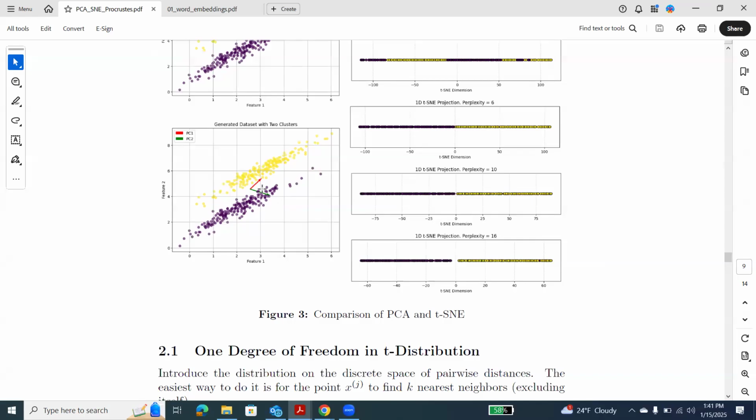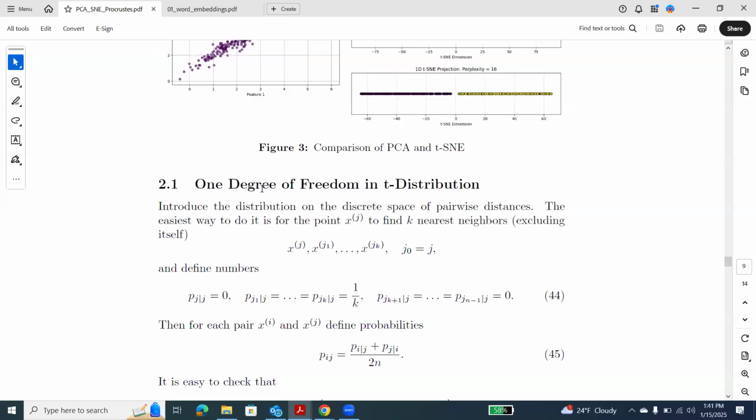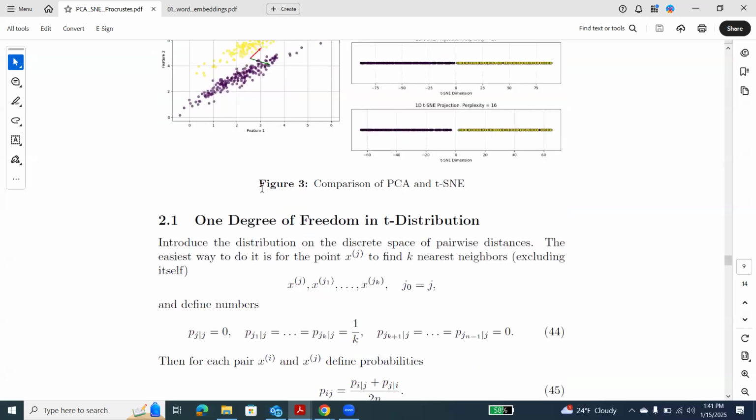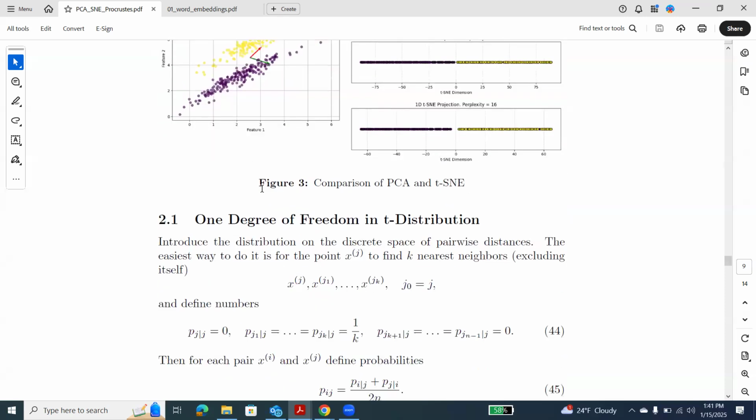That's why in this plot with vectors they use t-SNE, because the idea of this method is to keep the distances between objects: if the vector embeddings were close in 300-dimensional space, they will be close in two-dimensional space.